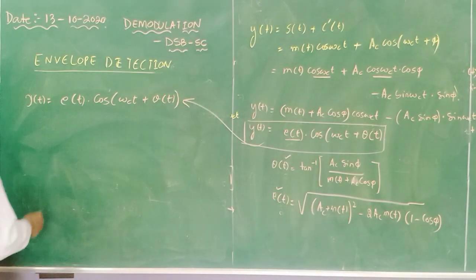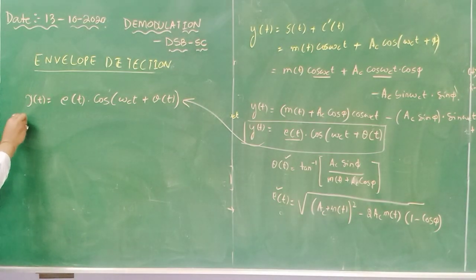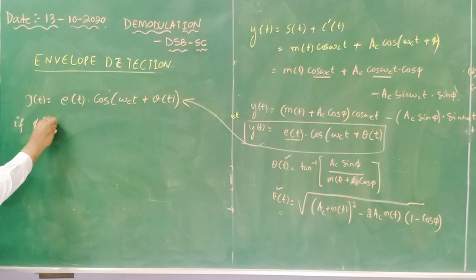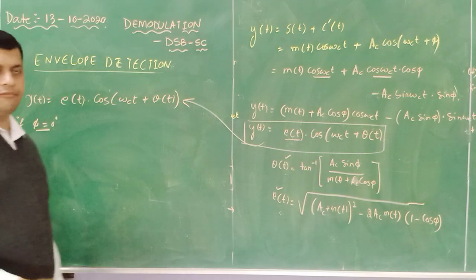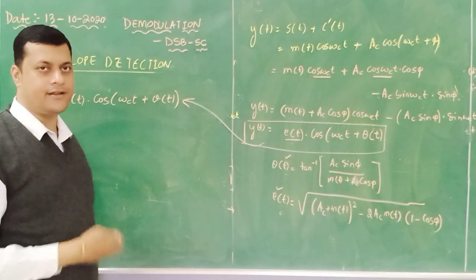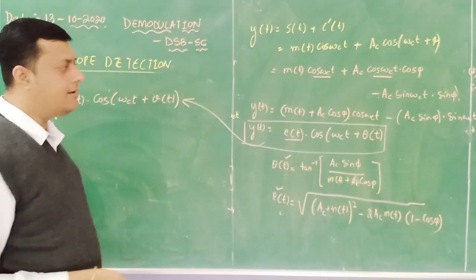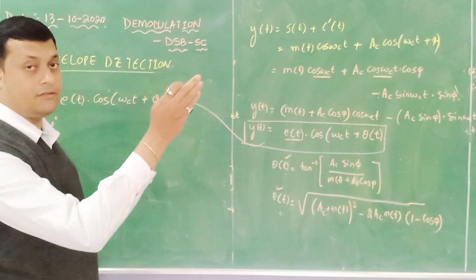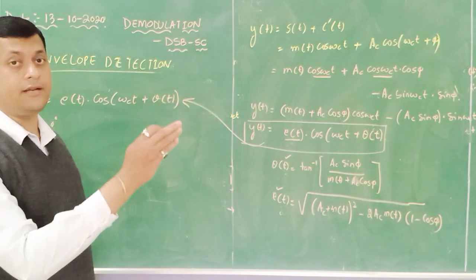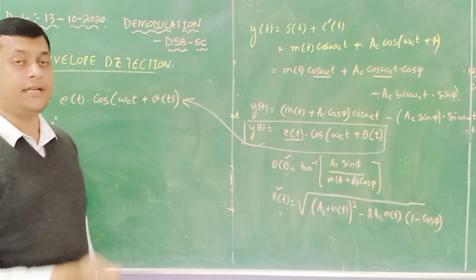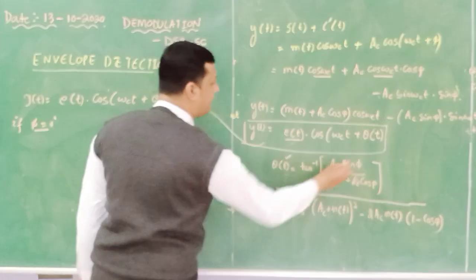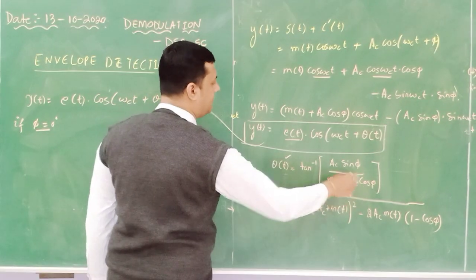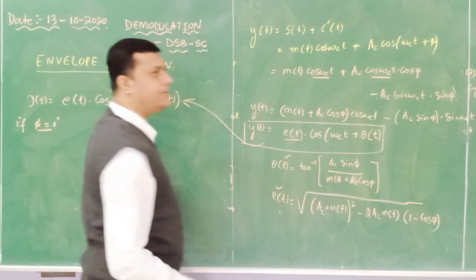Now here cases arise. If your phi is 0, meaning if there is no phase difference with respect to the transmitted carrier frequency, or with respect to whatever carrier is available at the receiver end, if there is no phase change, this phi will become 0, so tan inverse of 0 is 0.